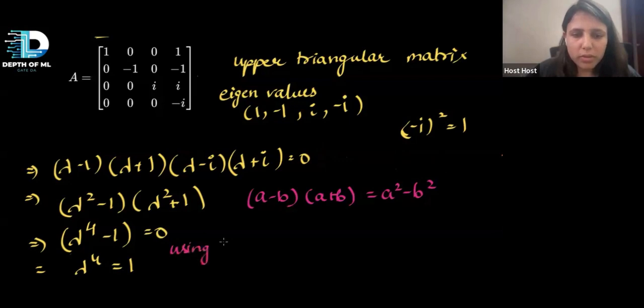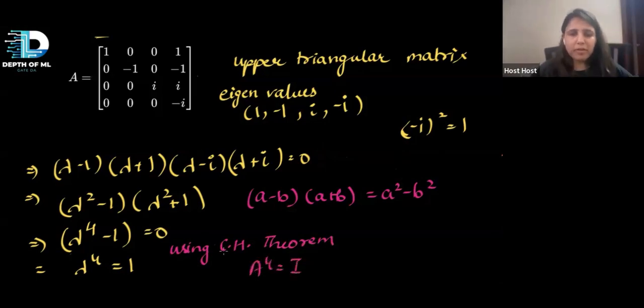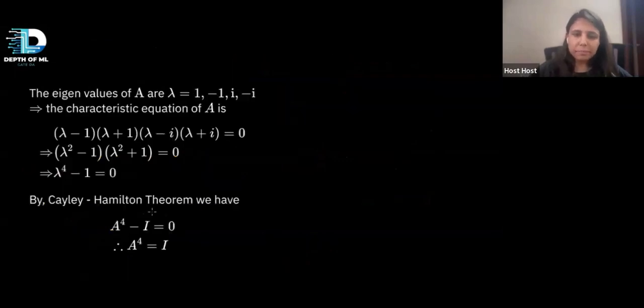Using CH theorem, I know A power 4 is equal to I. Fine. 1 is basically I, right? So the answer is I. Fine.